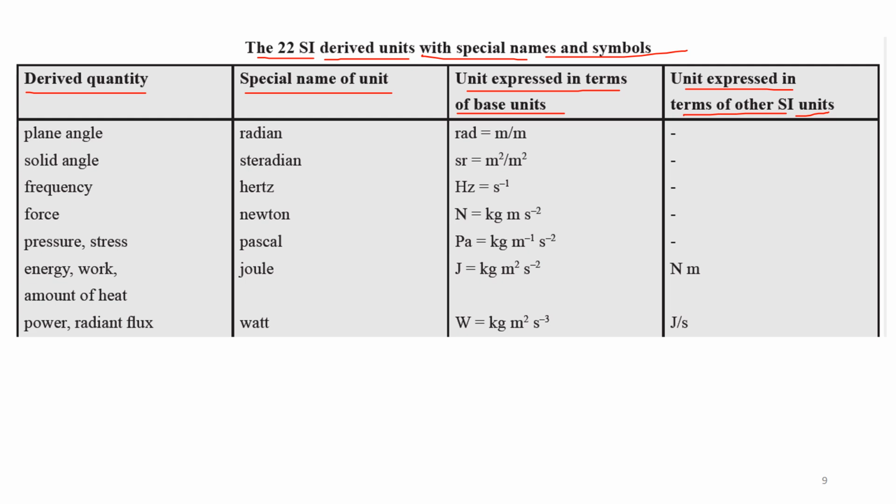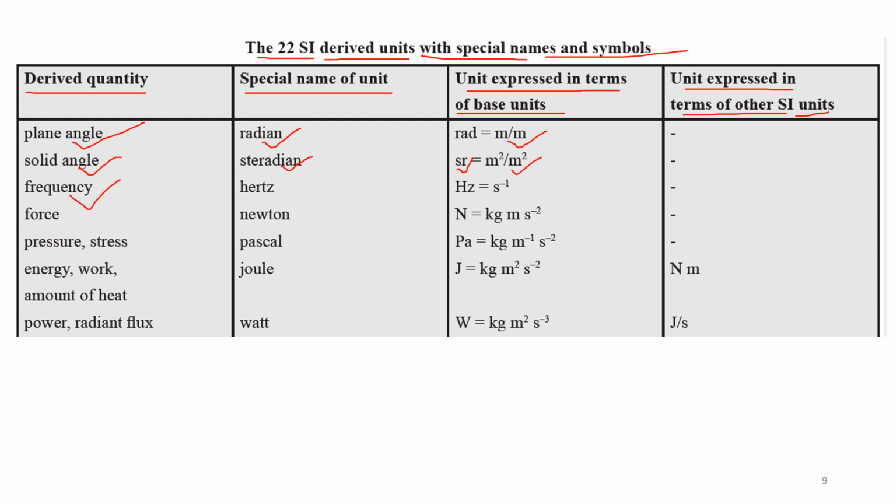Okay, so the first one is the plane angle. Its special name is radian and its unit is radian and it is also written as meter per meter. Okay, solid angle, it is steradian which is denoted by SR, which is nothing but meter square by meter square.